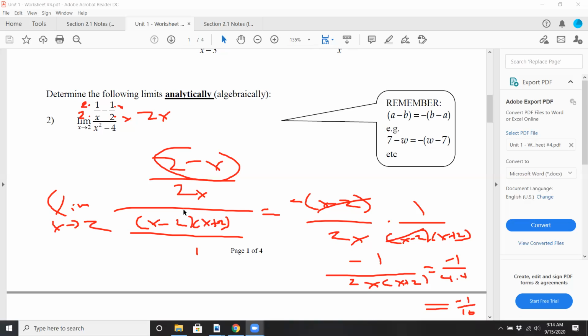Now you're dividing 2 fractions. You flip the second fraction. And also you need to factor a negative from 2 minus x. This little dialog box kind of gives you a hint there to do that. Because if you put the negative back in, that gets you back to 2 minus x, obviously. X minus 2's cancel. Now we have something that we can substitute for x approaching 2, and we get our limit. So that's the limit for number 2.